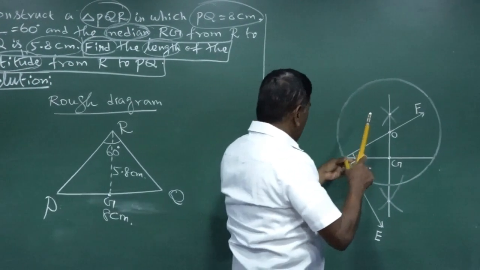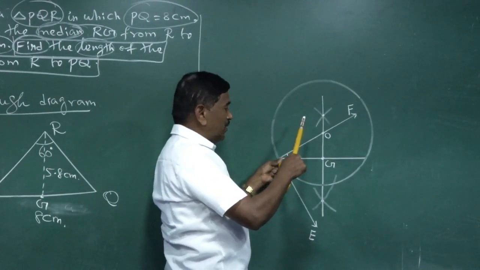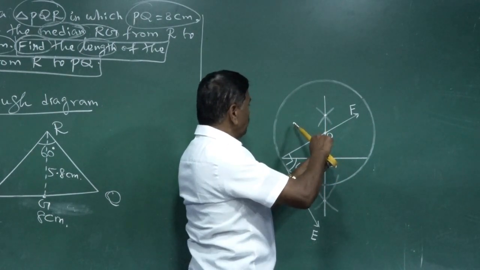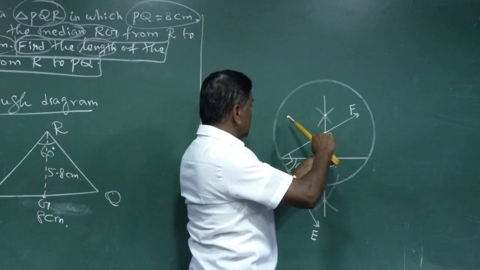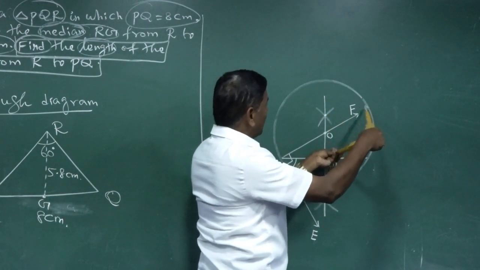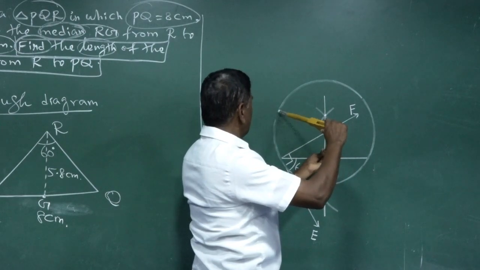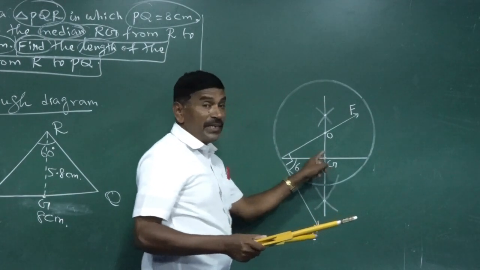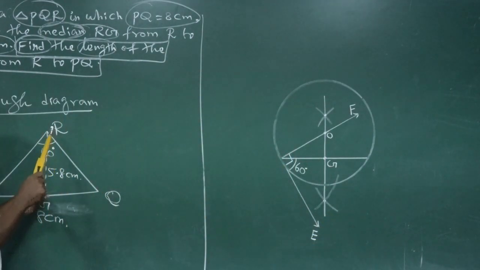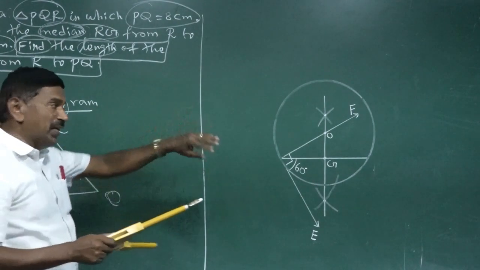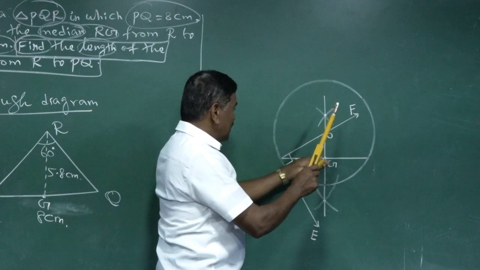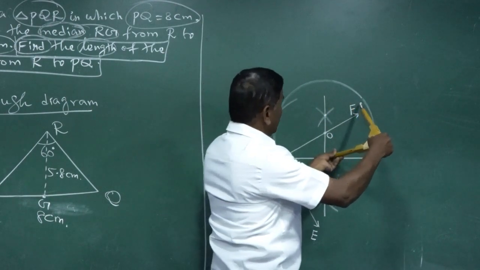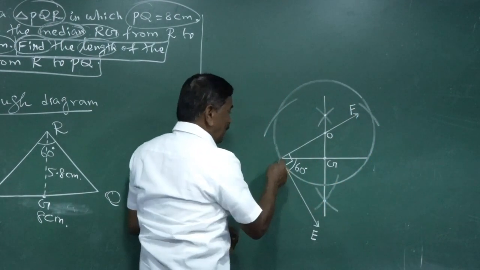G as a center, 5.8 centimeter as a radius, cut the circle both the left side and also the right side. See, already PQ.